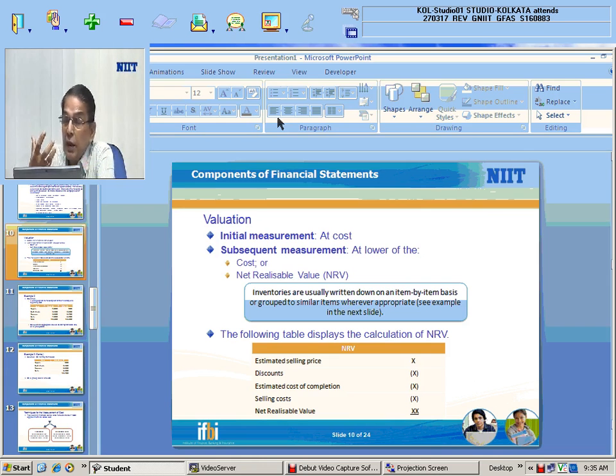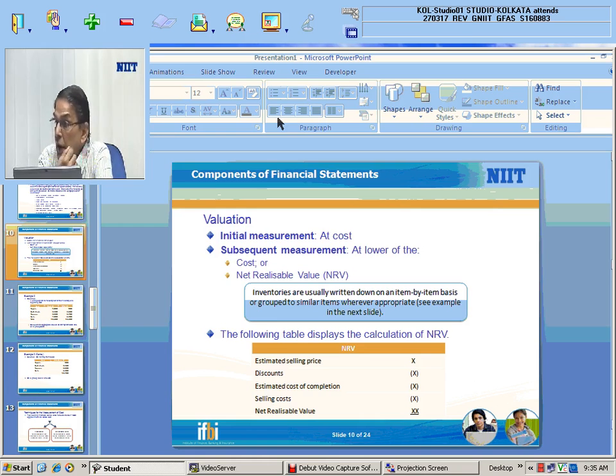Supposing certain items of unsold inventory are there. Let's say the cost of that inventory is 50,000. Now, when you try to estimate the net realizable value of the inventory, you can only estimate it. That's an accounting estimate. It comes to 40,000.